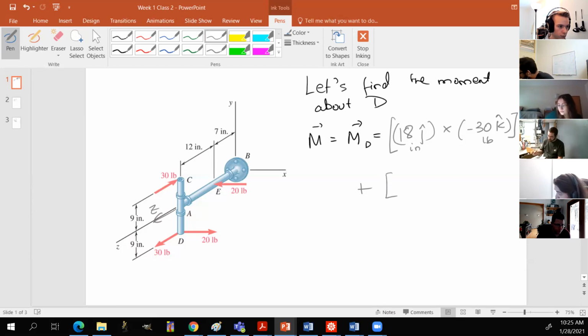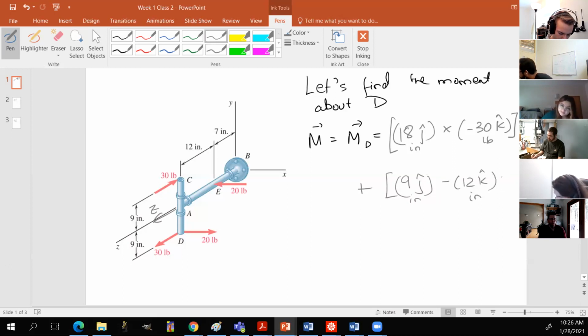So the position vector of point E with respect to D is you have to go 9 inches in the positive Y direction. So you'll go 9 J hat, again in inches, plus you go 12 inches in the negative Z direction. So negative 12 K hat, right?